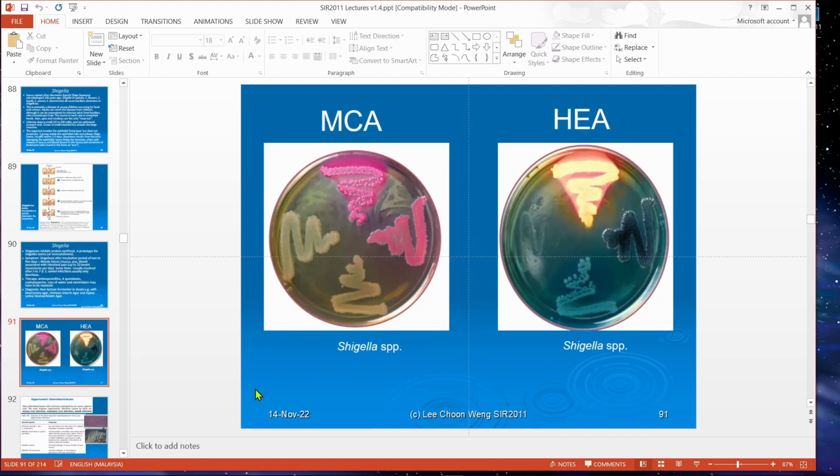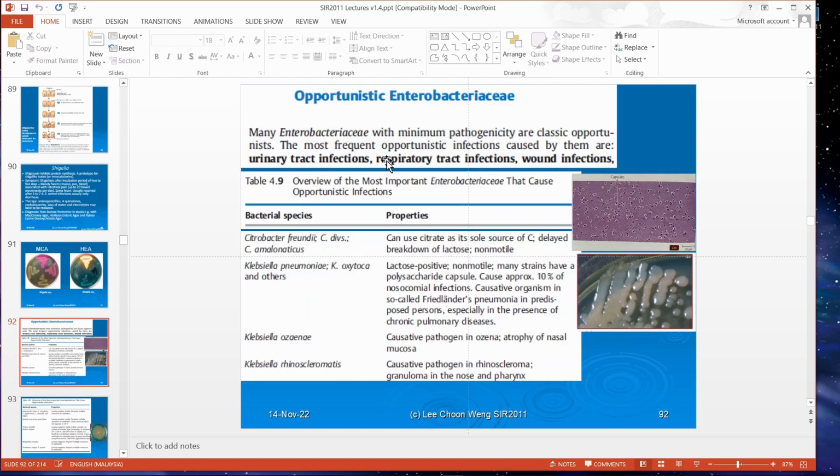Okay, so these are Shigella. You can see on the HEA, it doesn't produce H2S, so it's not as dark as the Salmonella. So for Klebsiella pneumoniae, you can see that it has capsules.